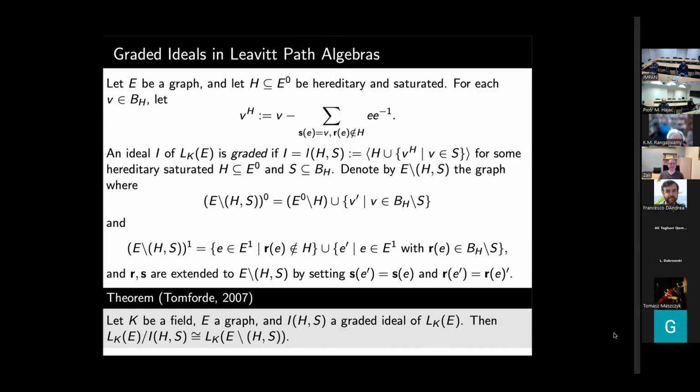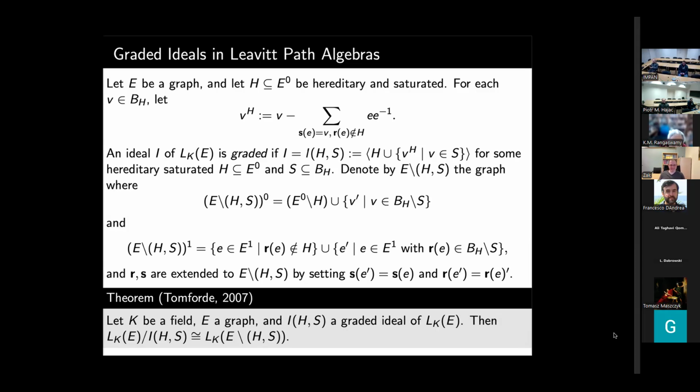But for technical reasons, you also have to throw in these elements coming from breaking vertices. And then you build another, I'm not going to call it a quotient graph, but whatever, graph. Here you throw out the vertices and the edges from each, and then you add in some stuff corresponding to the breaking vertices, and then you get a result that looks sort of formally identical. You might mod out a Leavitt path algebra by one of these nice ideals, and then you get a Leavitt path algebra over a different graph.